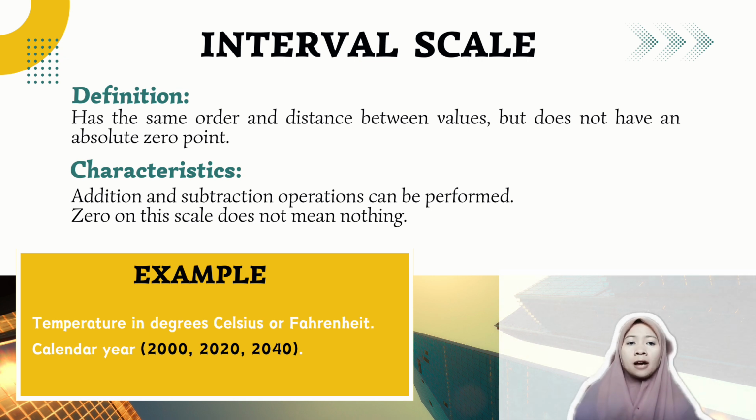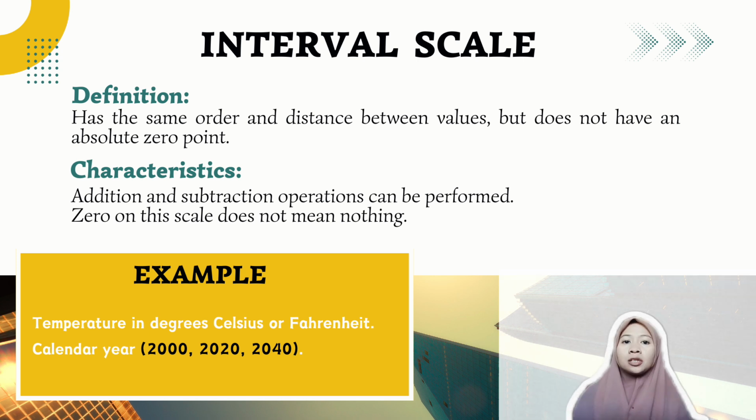Therefore, although we can perform addition and subtraction operations on this scale, we cannot say that 40 degrees is twice as hot as 20 degrees, because this scale doesn't have an absolute 0 point. Another example of an interval scale is the calendar.